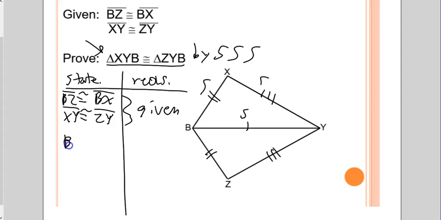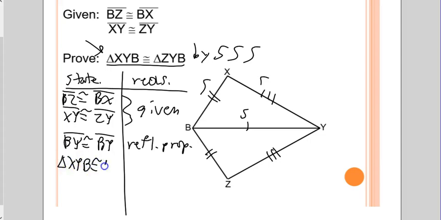We said that BY was congruent to itself. And how do we know that? It's a reflexive property. And we're done. We now say that triangle XYB is congruent to triangle ZYB by SSS.